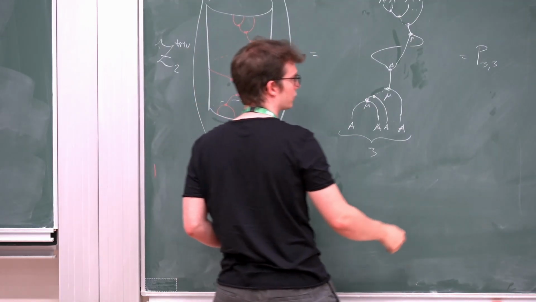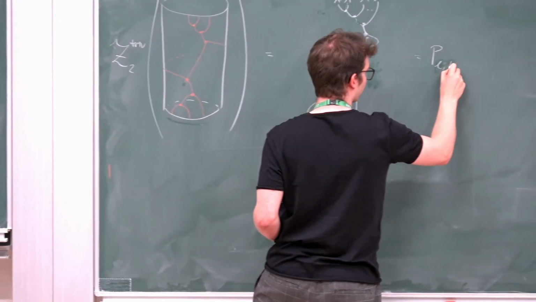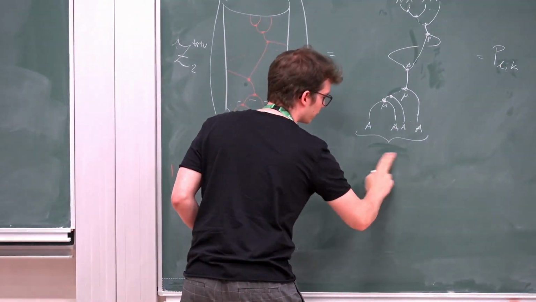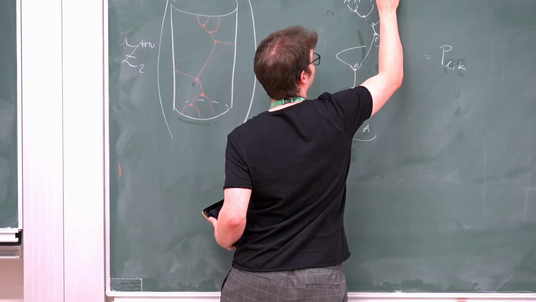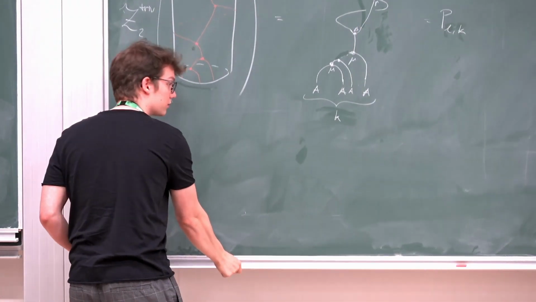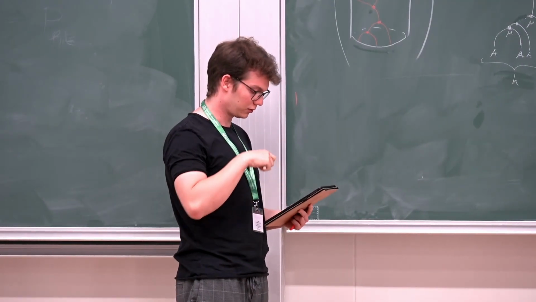If we do this, we just get the general operators P_KL, and we write for the number of A's we have K and L. Alright.